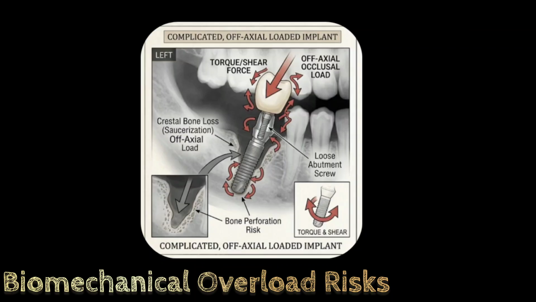The inclination is not just a theoretical number, it translates into the bone loss you see on follow-up radiographs, loose screws which the implantologist has to retorque often, and eventually implant failures. Respect Weinberg's 5% rule, and your restorations will last longer.